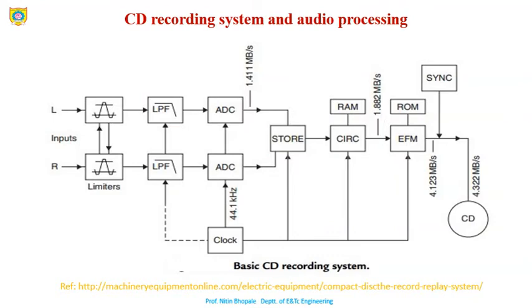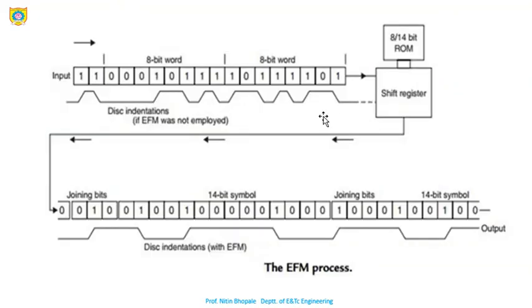Let's check how this EFM process exactly works, that is, how it converts the 8 to 14 modulation. At this point we can check that the 8-bit word is getting converted into the 14-bit word.